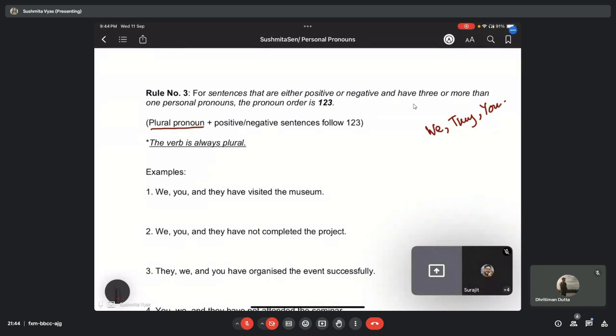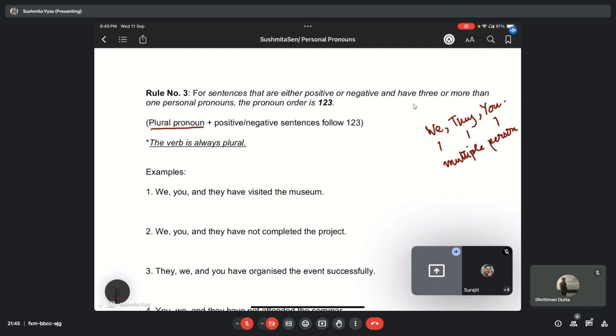Here "we" means multiple people. "They" also means multiple people, and "you" can mean both singular and plural. But "we" and "they" are always plural pronouns.